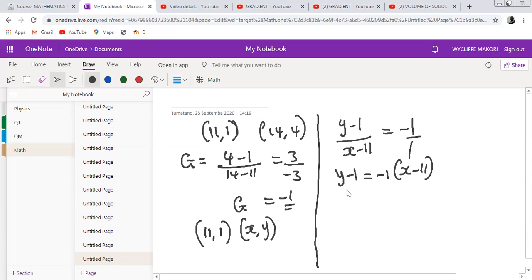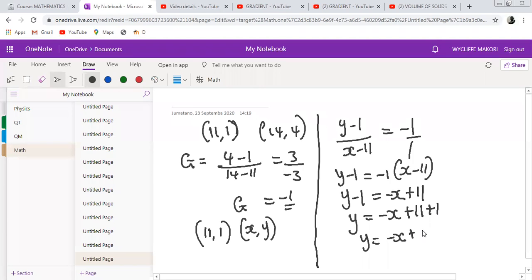Therefore, y minus 1 will be equal to negative 1 times x, which is the same as negative 1x or negative x. Negative and negative is going to be plus 11. Then if we take negative 1 to the other side, we shall remain with y equals negative x plus 11 plus 1, which is the same as y equals negative x plus 12.